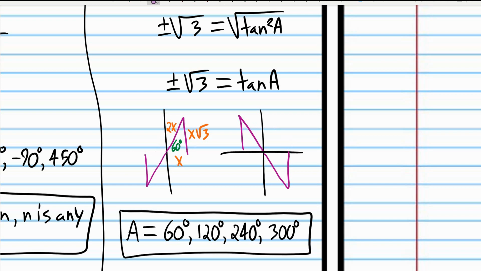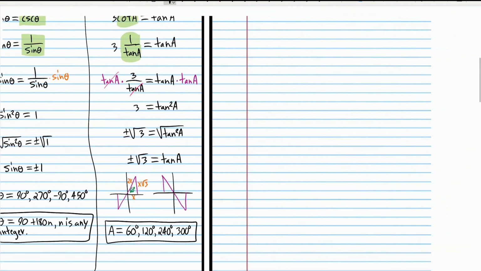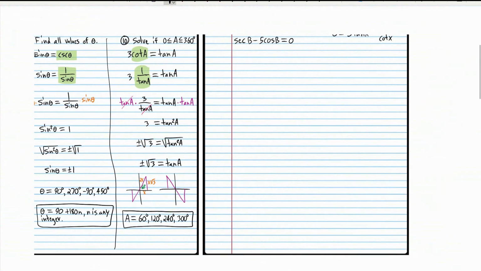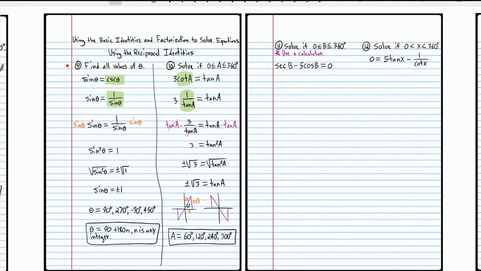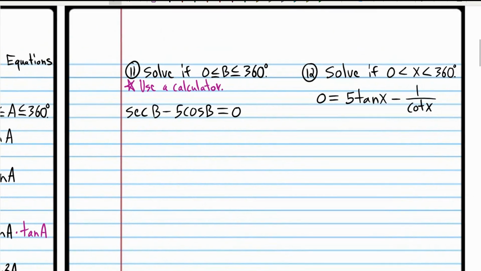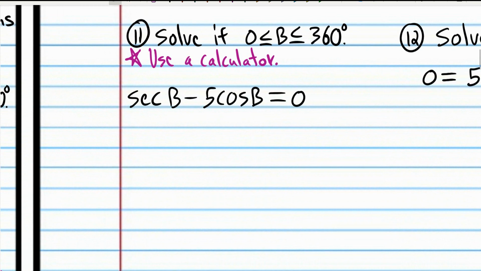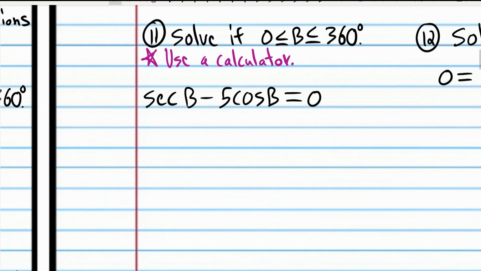Okay, so let's try a couple more of these. Again, we're using reciprocal identities to help us solve these problems. It says solve if b is between 0 and 360, and we need to use a calculator.